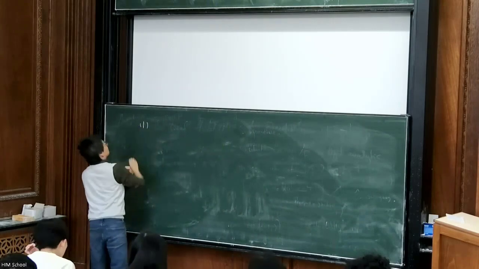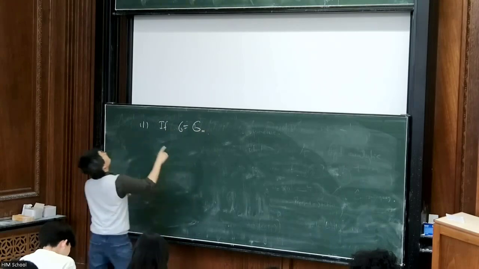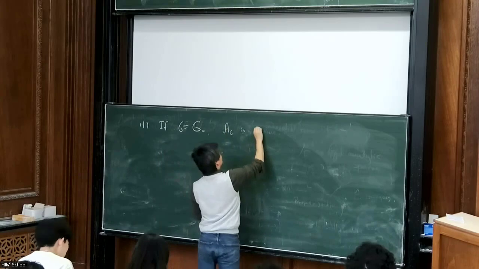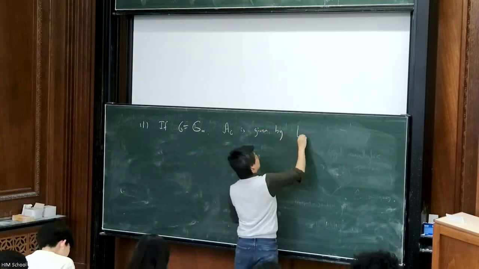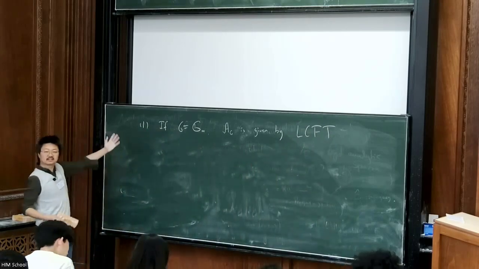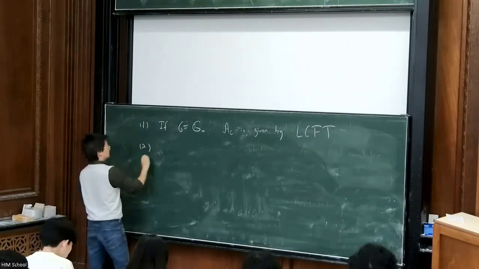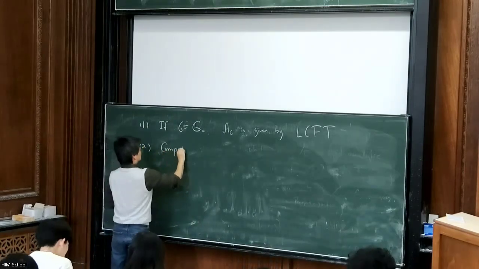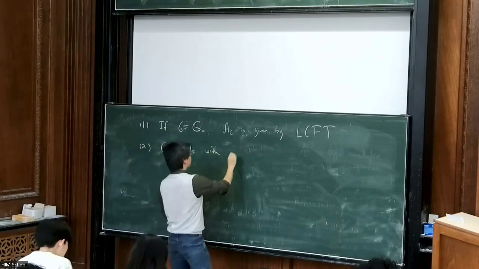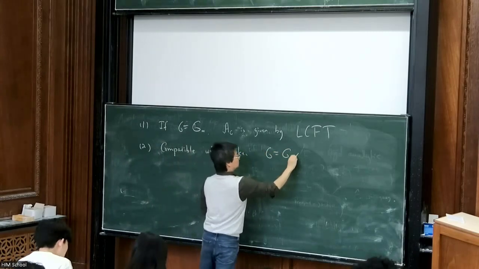Condition one: if G is just G_m, then the functor is given by local class field theory. I will first list all the conditions and then explain some of them. Condition two: compatible with taking, let's say, G to be G1 times G2.